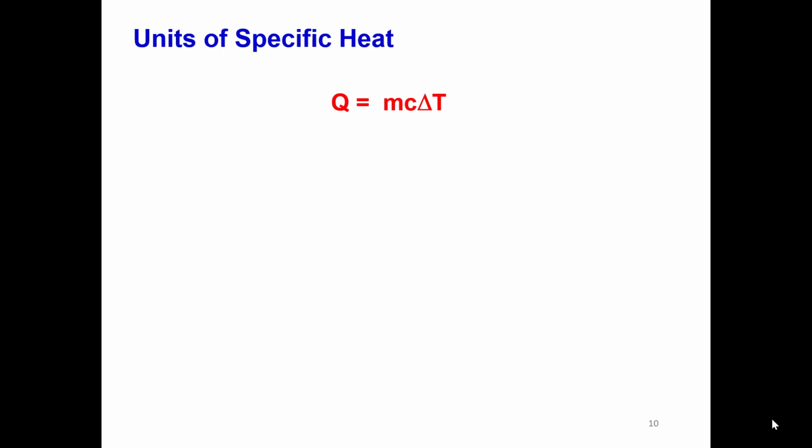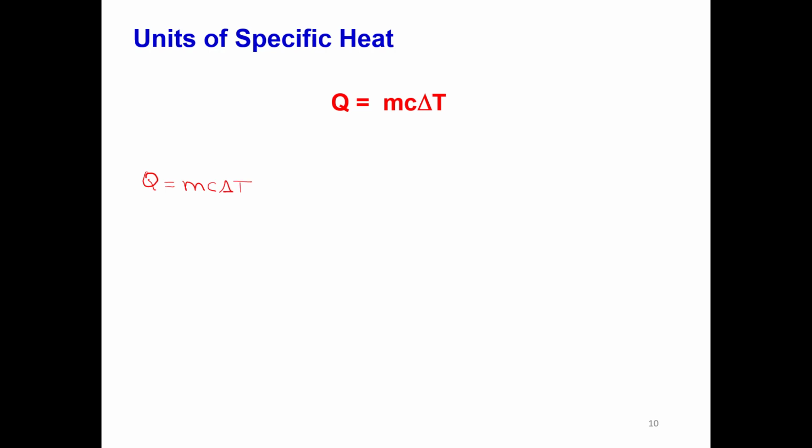Now we want to check what the units of the specific heat are. To do that, we will solve for specific heat in this equation, and then we will see what the units are. We already got this equation.